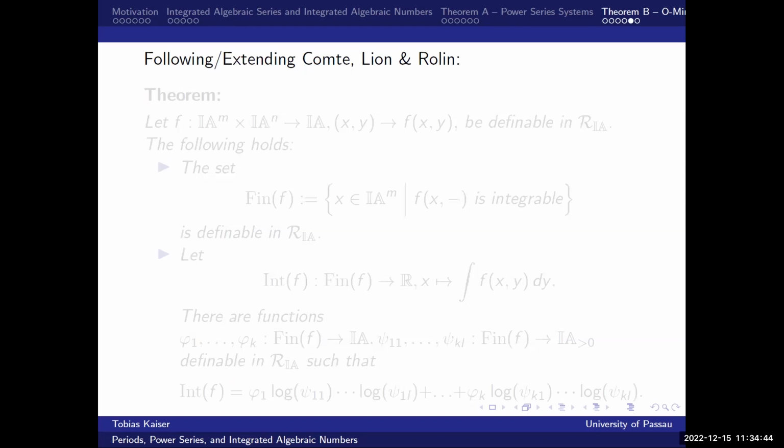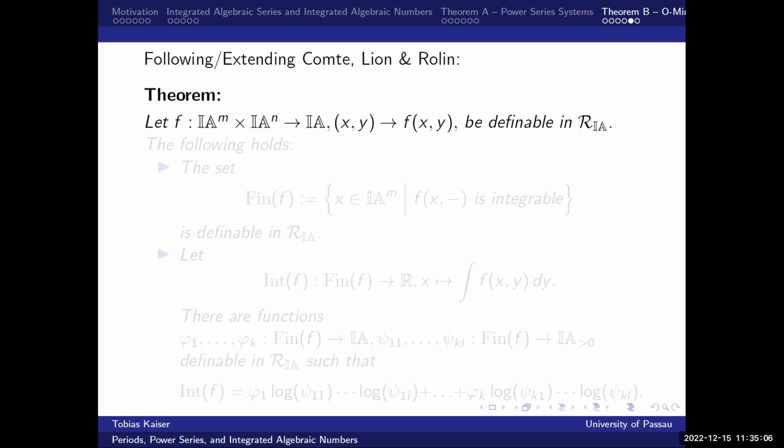And then, as stated, they used Lion-Rolin preparation to obtain results on integration. And we can follow this part. Now we can consider integrals in our structures with parameters. Now what is the setting?